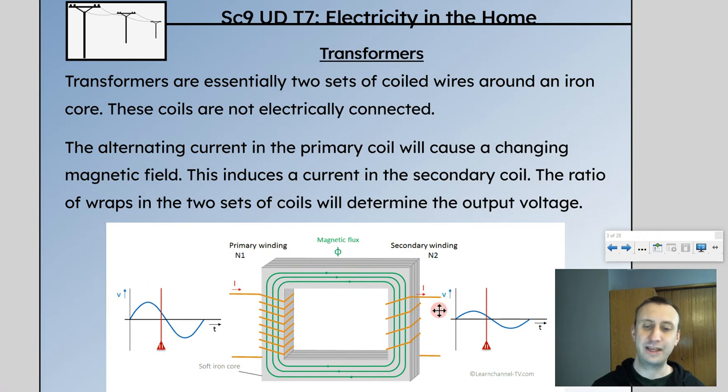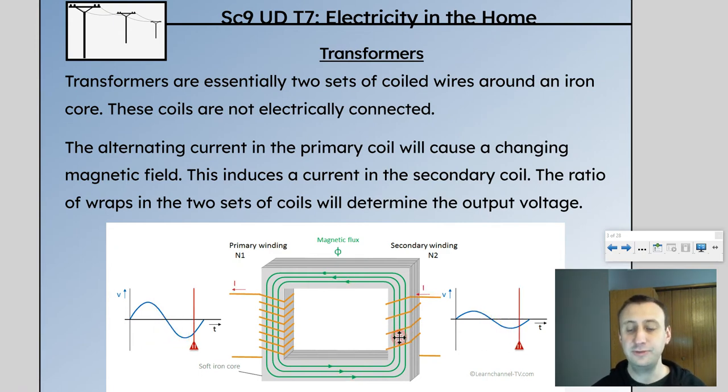So that's where the secondary coil comes in. On the same circular closed loop iron core, I have a secondary coil that feels the changes in the magnetic field from the primary coil. And so it induces a current.